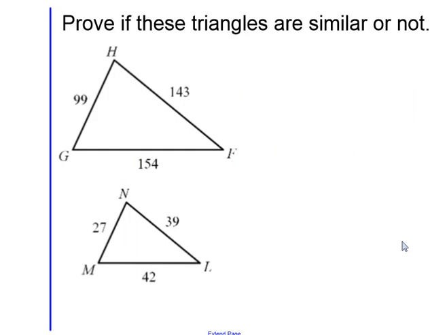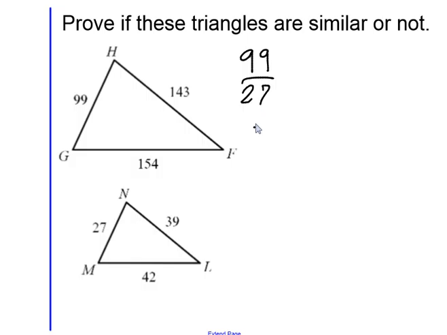Okay, let's prove if these two triangles are similar or not. The way we're going to do this, since we do not have information about angles, we have information about sides, is by seeing what the scale factor is. So I'm going to have to set up a few different little mini fractions, different ratios, to see if the scale factor is the same. My first one is going to be 99 over 27, since those sides correspond.